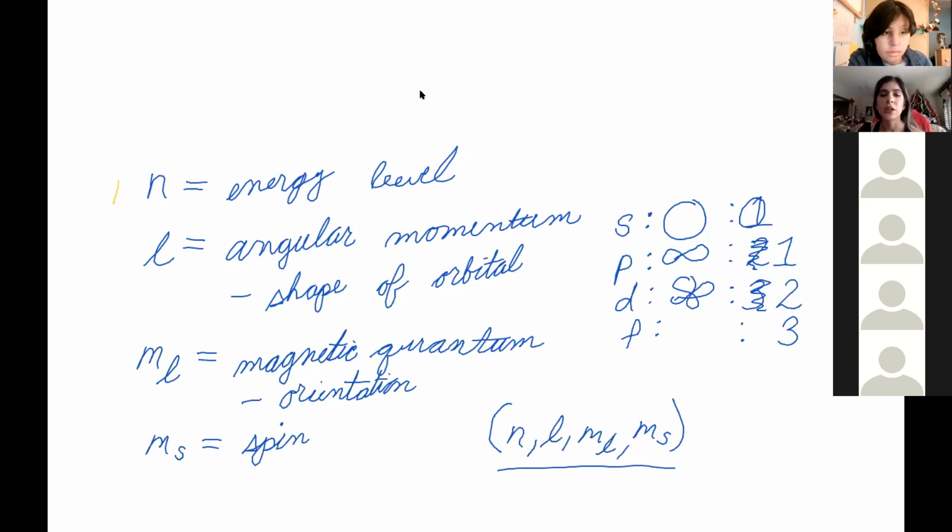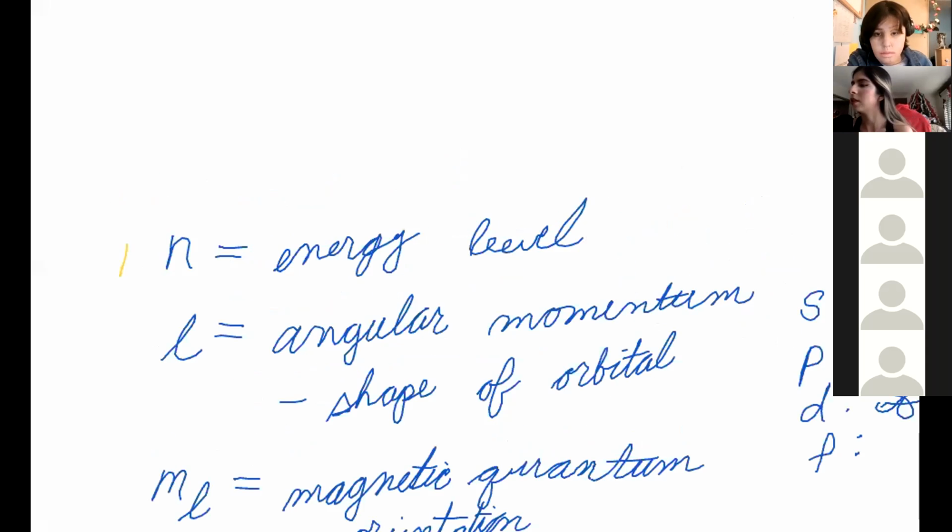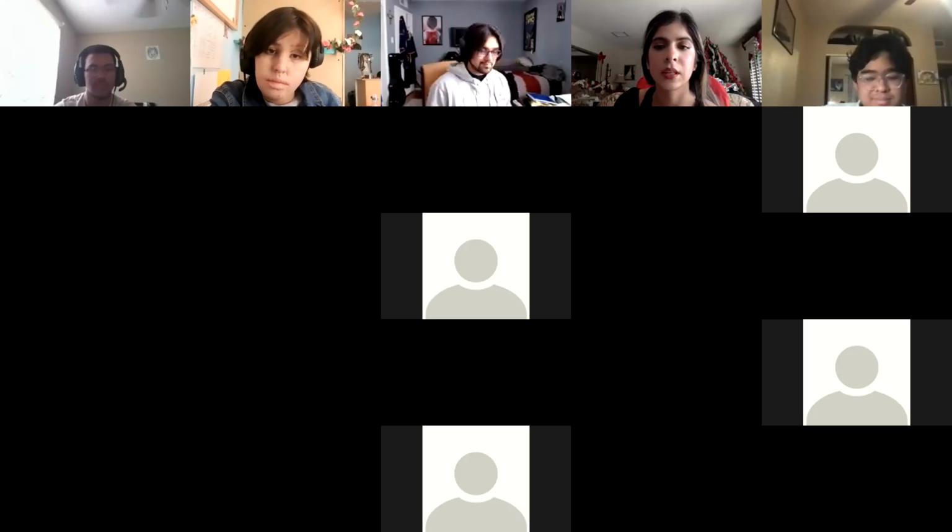Okay, so let's do some practice. One thing to note: what rule do we have associated with quantum numbers? Isn't there the Pauli exclusion principle?